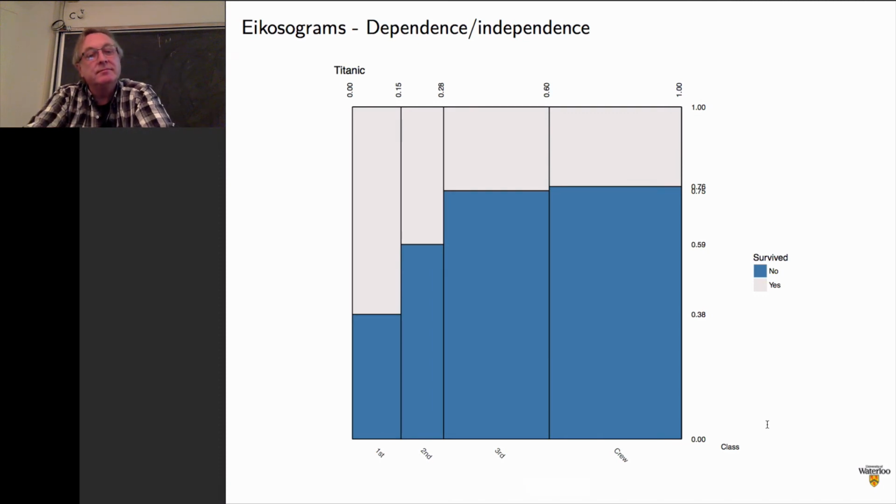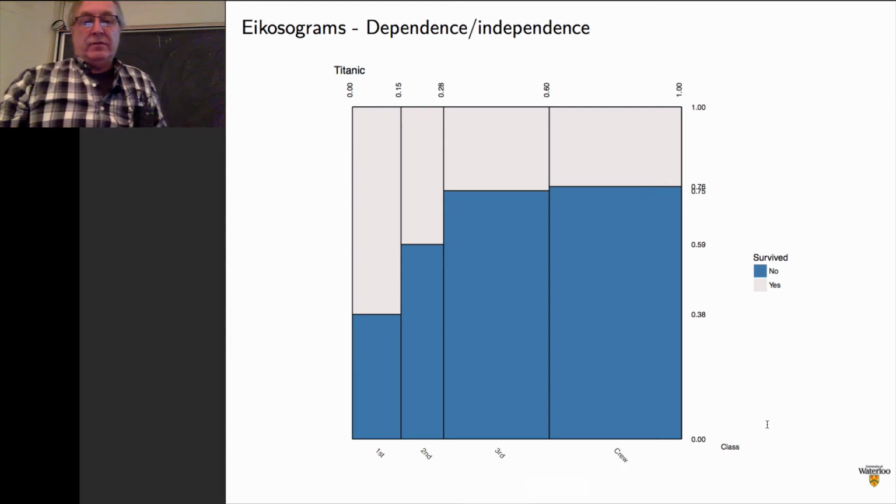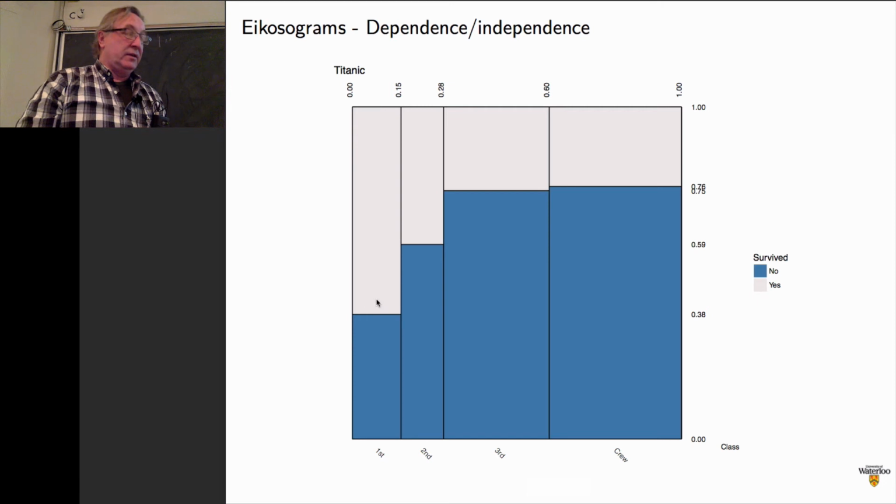Class, again, you can see that this is not flat. Your survival rate depends upon what class you were on that boat. And again, the good part is the gray, so you're most likely to have survived in first class, less in the second, less in the third, and less as a crew member.